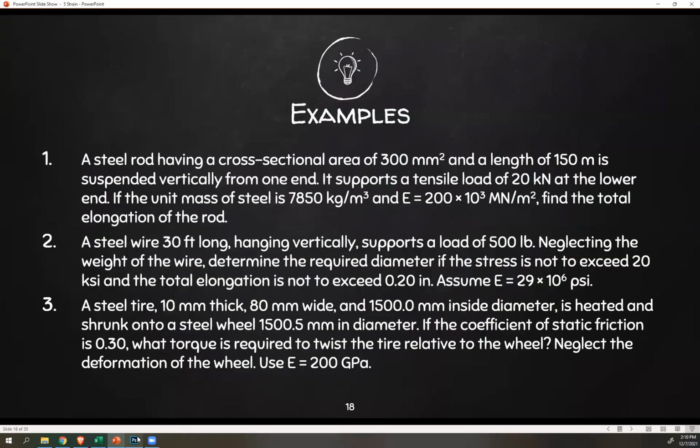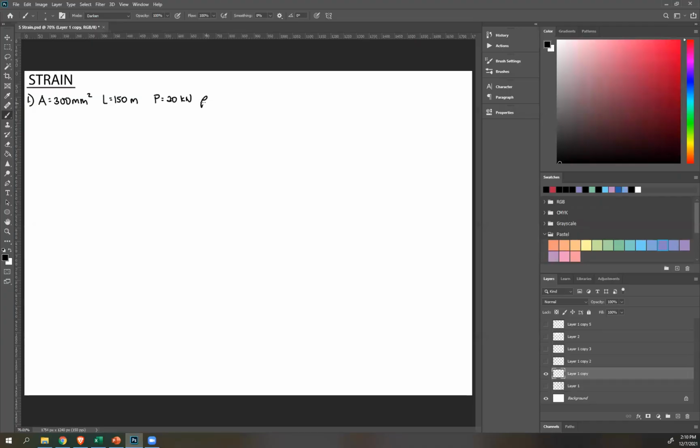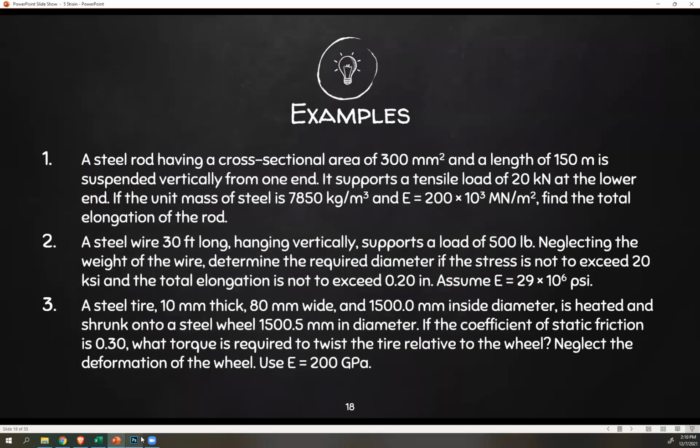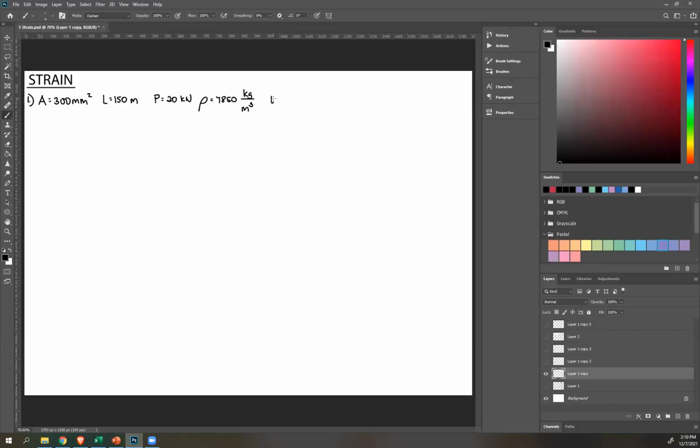If the unit mass of steel is 7850, again, that's density, 7850 kilogram per meter cube. E is 200 times 10 raised to 3 meganewton per meter squared.